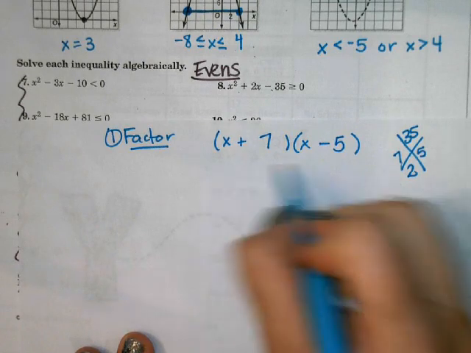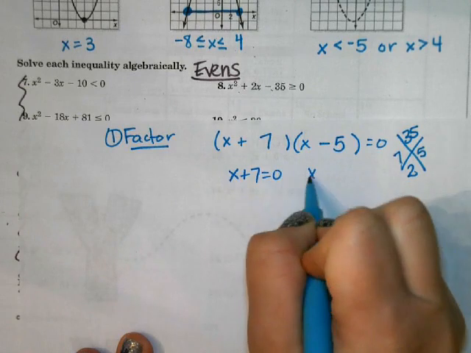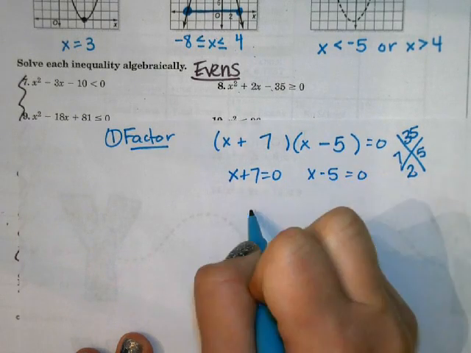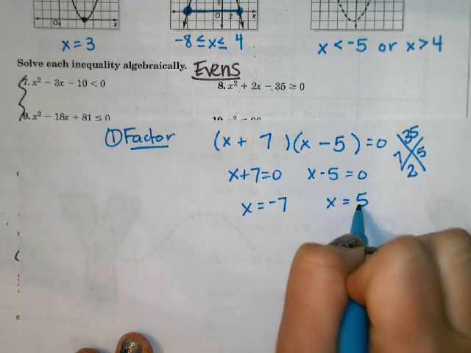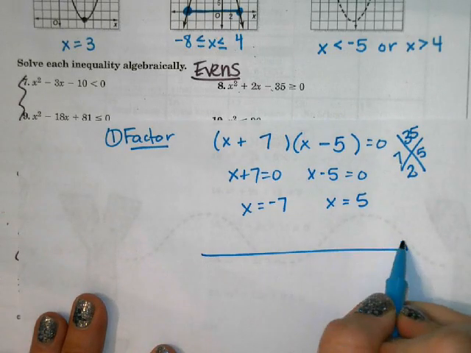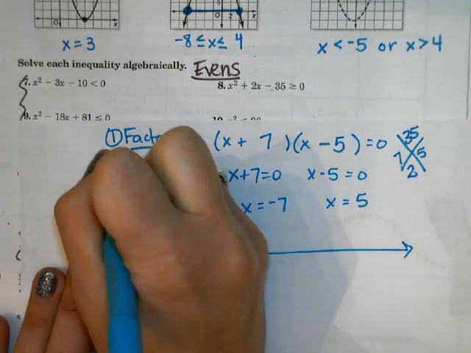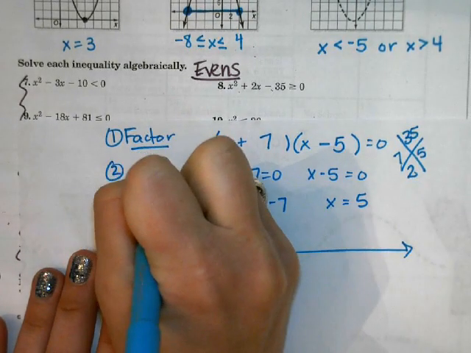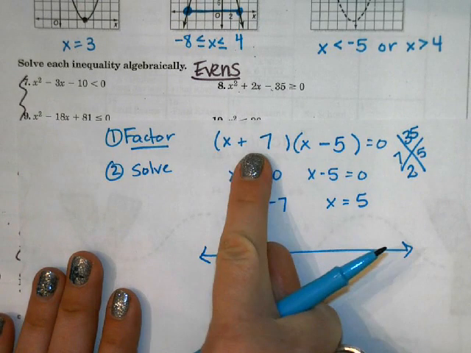Set them equal to 0. Okay, so we factored them and then we solved them.